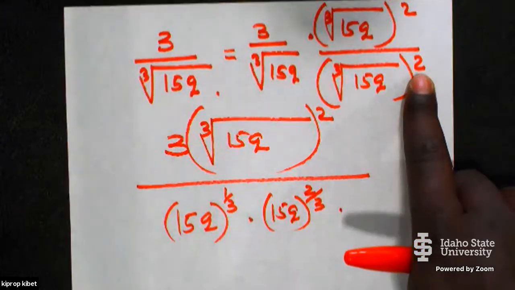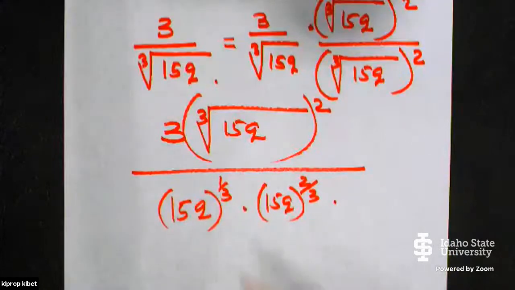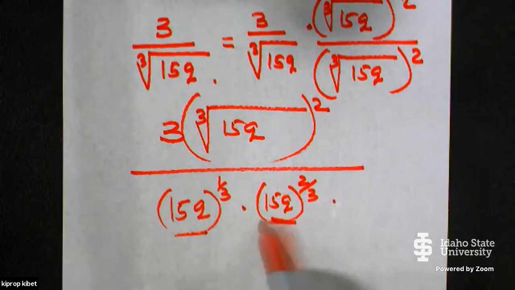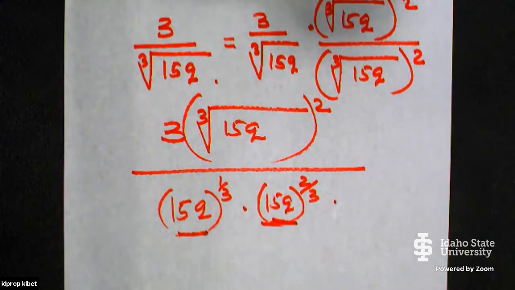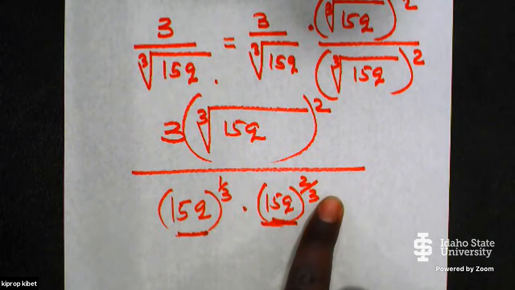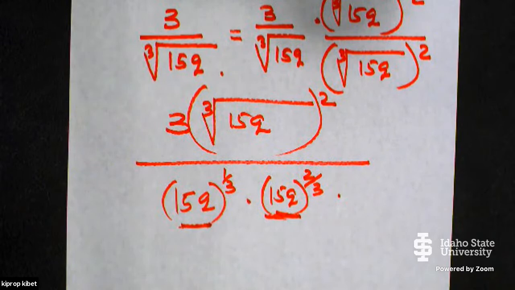Now, when we simplify, the bases here are the same, right? So we add the powers. 1 over 3 plus 2 over 3, you get 1.